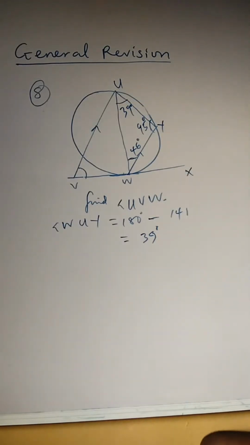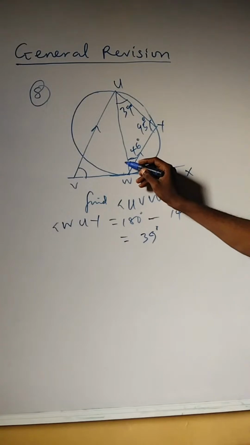Then, when I look at something here, we have a tangent. Once we have a tangent, something will be useful there. The angle between a chord and a tangent is equal to the angle in the alternate segment.